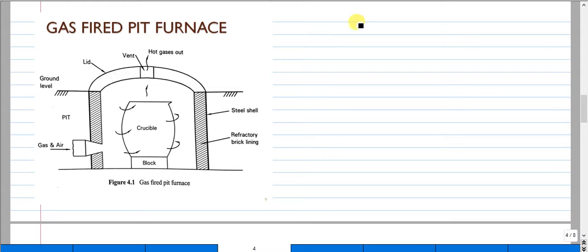So here we shall discuss the constructional features. See, I always repeat, if you understand the sketch, your 50 to 60% of work is done.